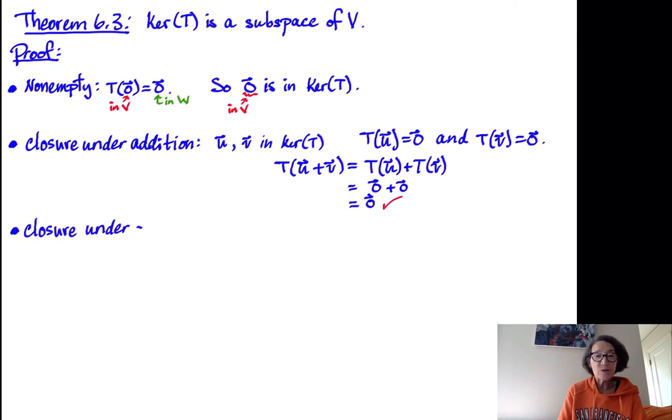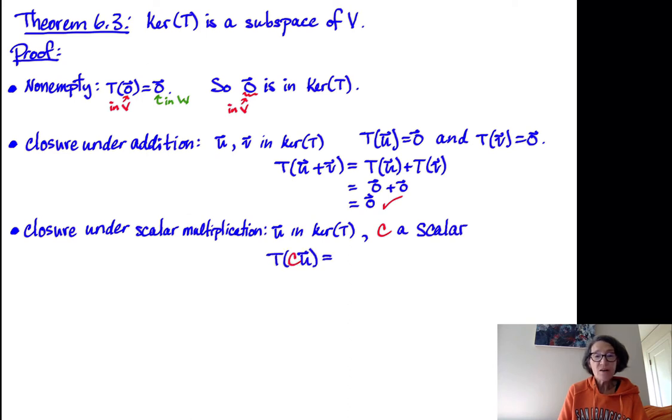Let's look at closure under scalar multiplication. So let's take a vector u that we know is in the kernel, and let's take any scalar c. So that means that T of c times u, because it's a linear transformation, that's got to be c times T of u, because we know linear transformations preserve scalar multiplication.